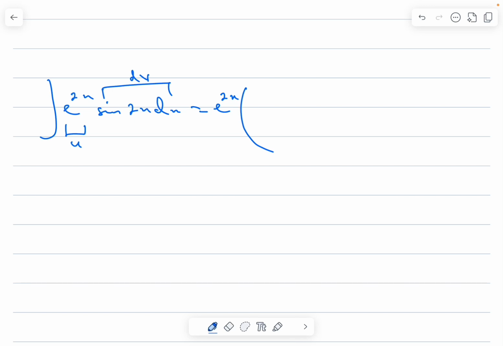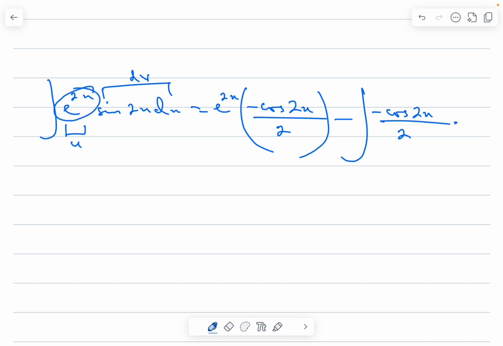The integral of sine 2x is minus cos 2x over 2, minus the integral of v du, which is minus cos 2x over 2 du. If u is e raised to the power 2x, du is 2 e raised to the power 2x dx.